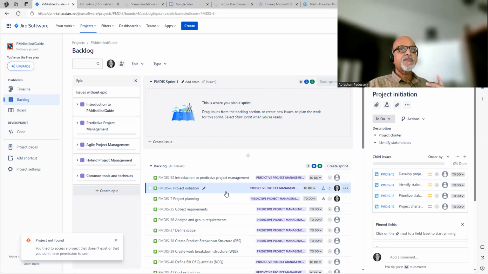Here, the priorities are, first, how to deliver value, maximize the delivery of value to the customer, and we have to look at the dependencies, because we should see the logical sequence.